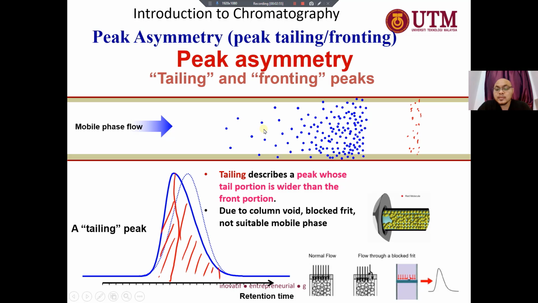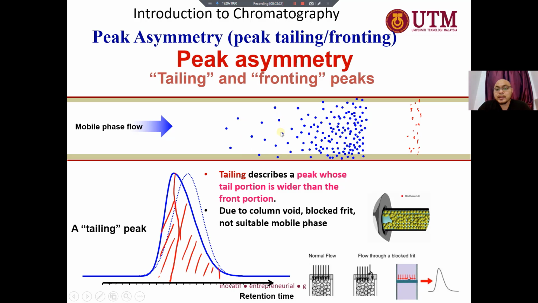In the case of chromatography, we always refer to molecules or compounds. So some of the molecules of the analyte were left behind. When that happens, we will have the tailing peak. So it means that there is something left behind.